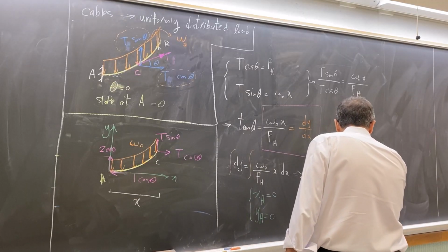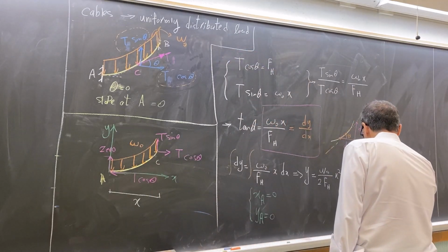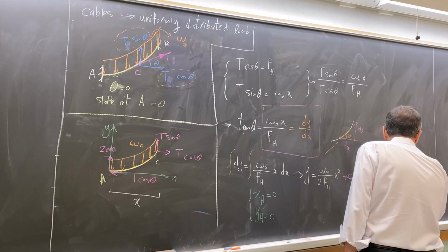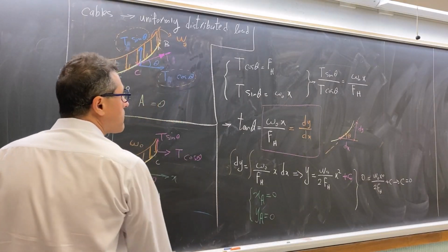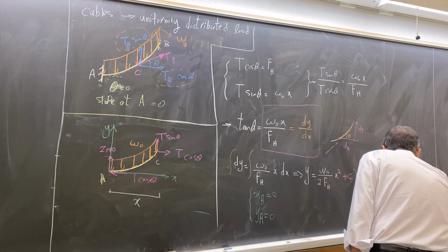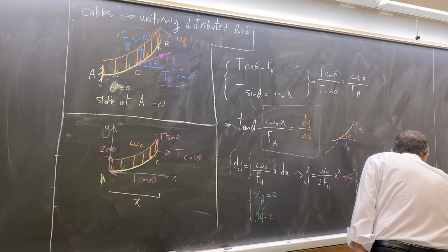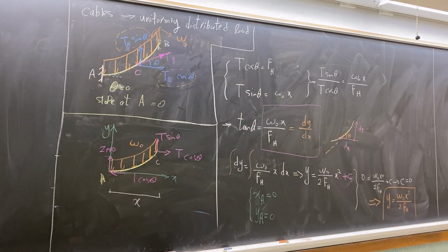Now, substituting the value of x and y for point A, we can say 0 is equal to w times 0 divided by 2Fh plus C. From here, C is 0. So we found the equation of the shape of the cable. Y is Wx squared divided by 2Fh. That's it. This is the equation of the shape of the cable.